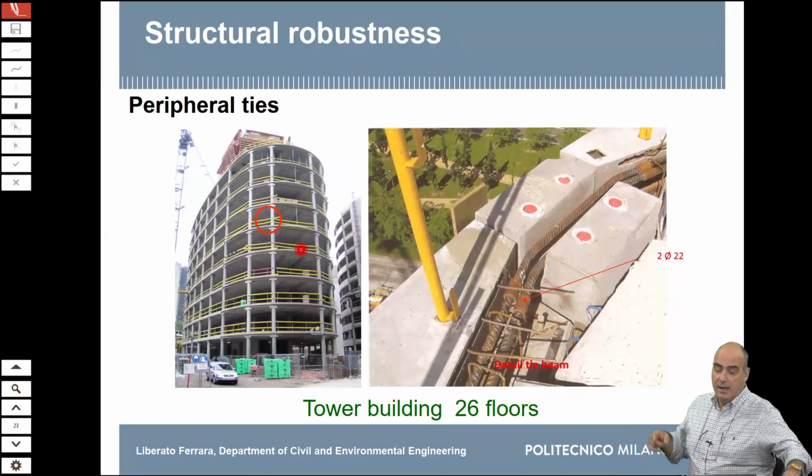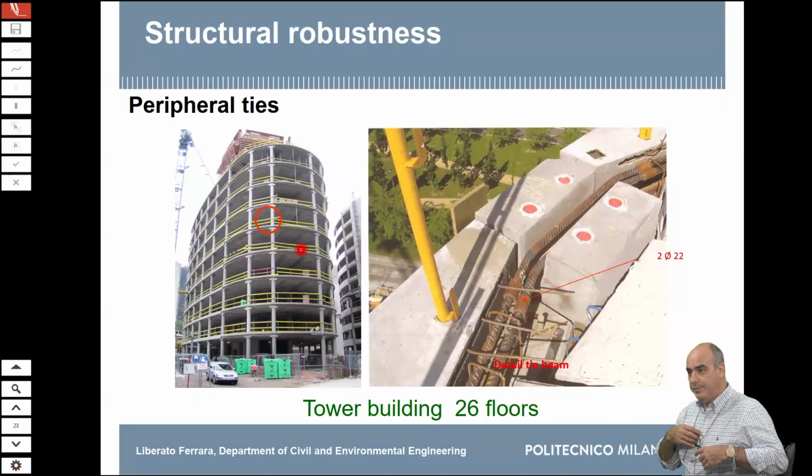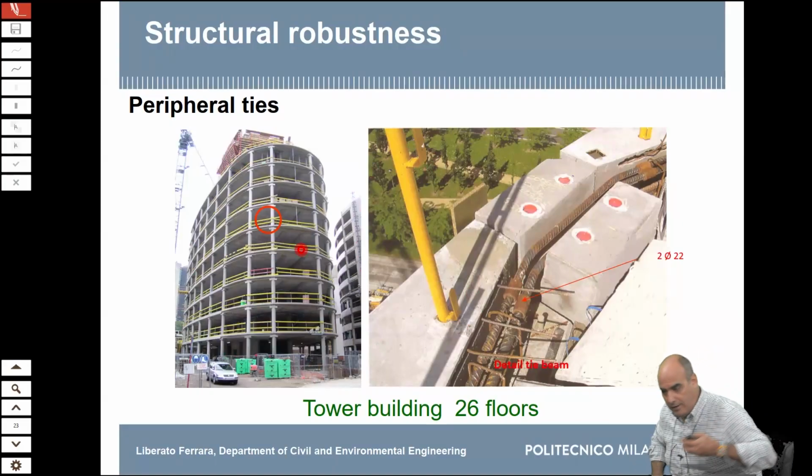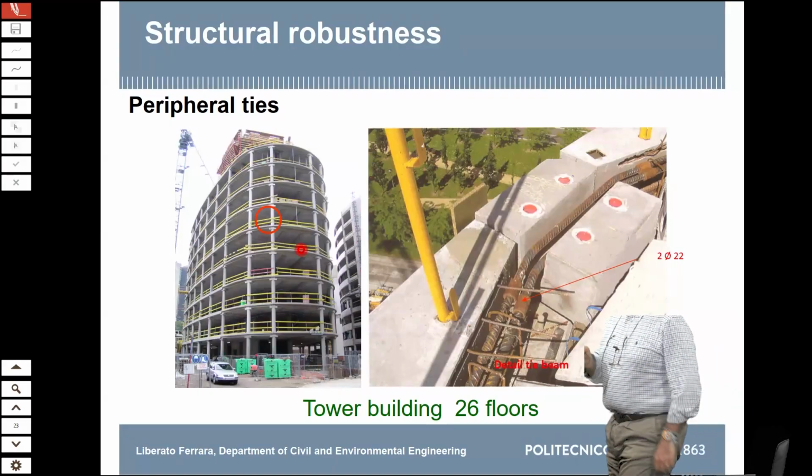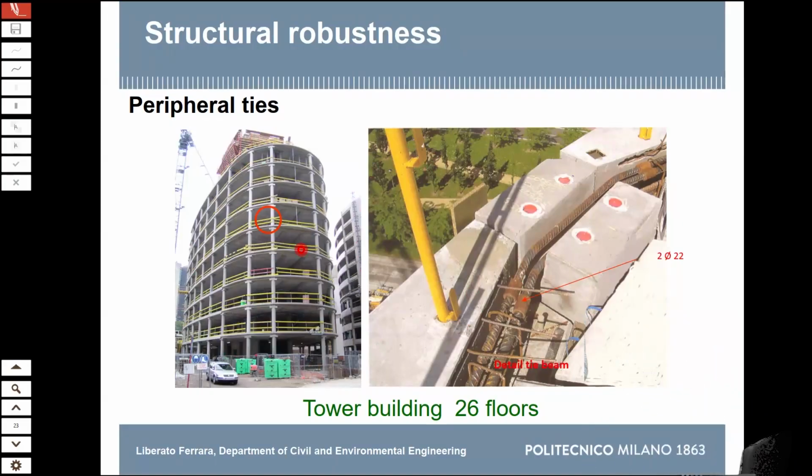So it's not only a matter of designing for an alternative or different structural scheme where you have removed one element or another, but it's also considering that your element will function in a different way.